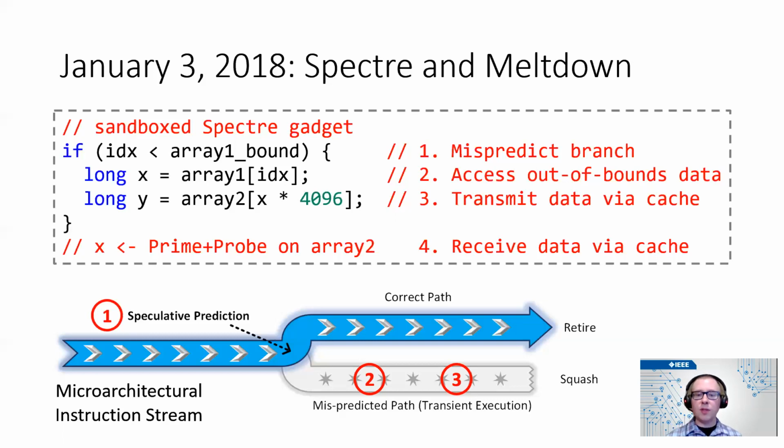Now, eventually, the CPU will revert, it will squash to the point where the misprediction had occurred, and then the CPU will proceed down the correct execution path, the architectural path. At that point, or beyond that point, a cache analysis technique like prime plus probe, which I showed on an earlier slide, or flush plus reload, can be applied to extract the data that had been transiently encoded in the cache state.